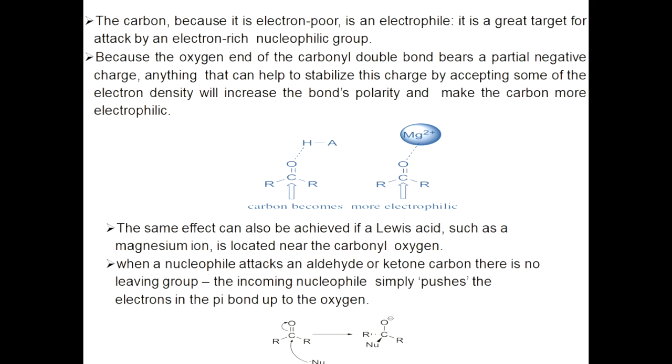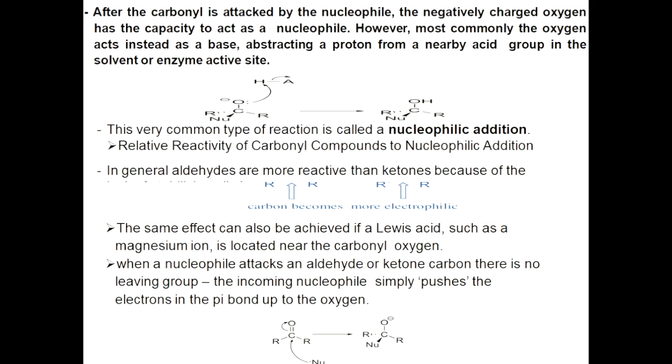So then the nucleophile easily attacks the carbonyl carbon and we will get the oxonium ion with oxygen. Later this oxonium ion will take a proton, undergo protonation, and will give you the product alcohol, the addition product.